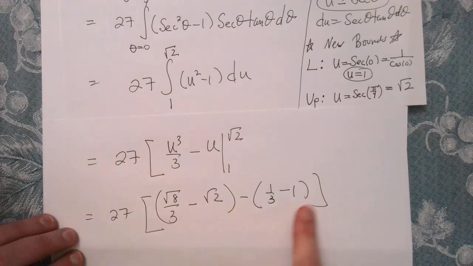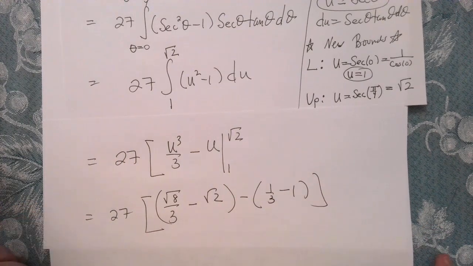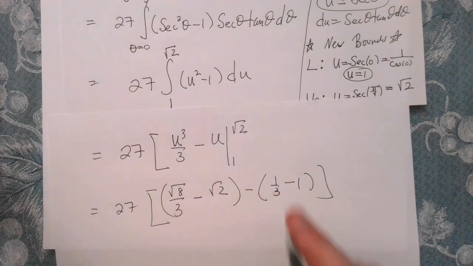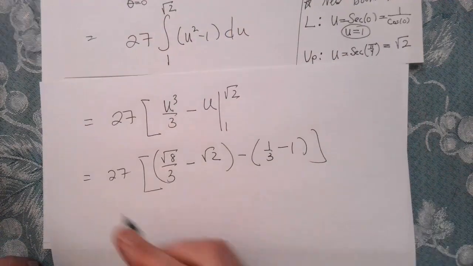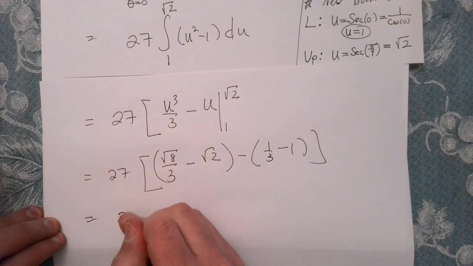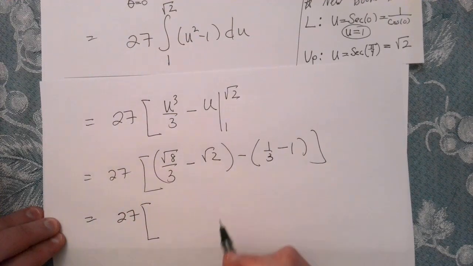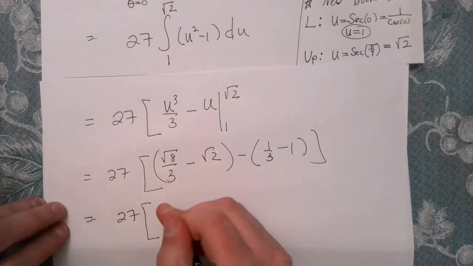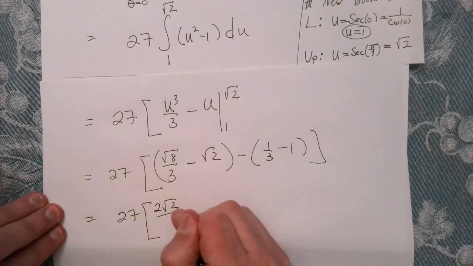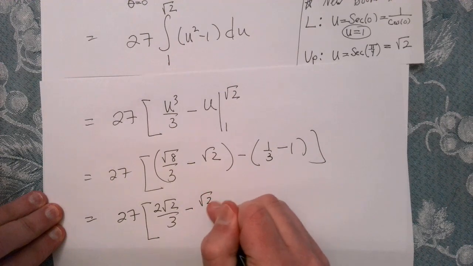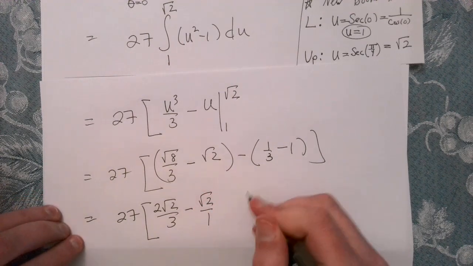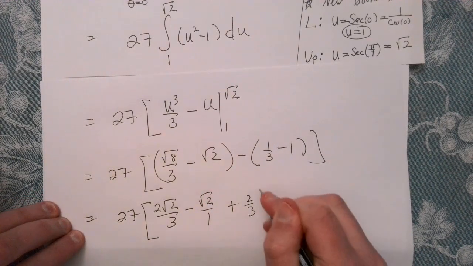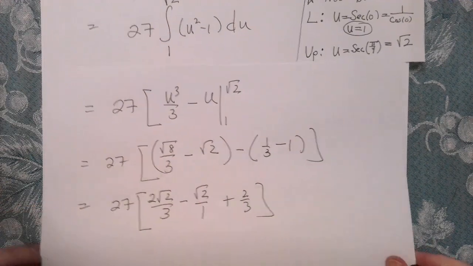And there's not much more I could do, but maybe just write this as a single fraction, right? Because these are irrational numbers, they're not going to nicely combine. I guess I could call that 2 radical 2 over 3 minus radical 2 over 1 if I wanted to. That would be plus 2/3. And maybe I could combine those if I wanted to.